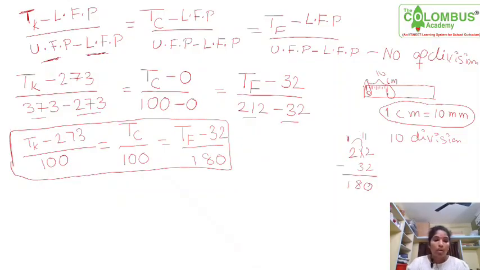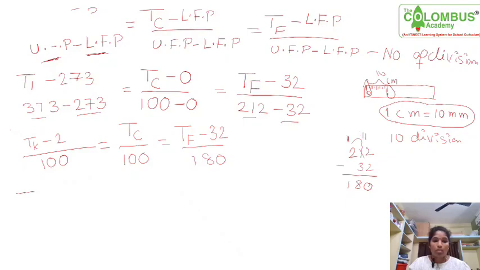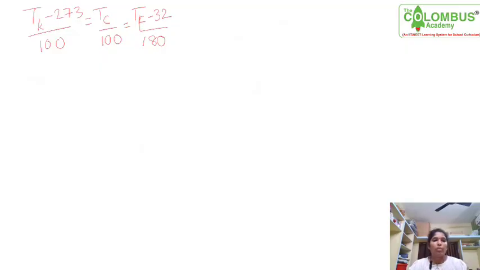Now, if I want a relation, think that I know the temperature. So the temperature in Kelvin minus 273 divided by 100 equals temperature in Celsius divided by 100, which equals temperature in Fahrenheit minus 32 divided by 180.